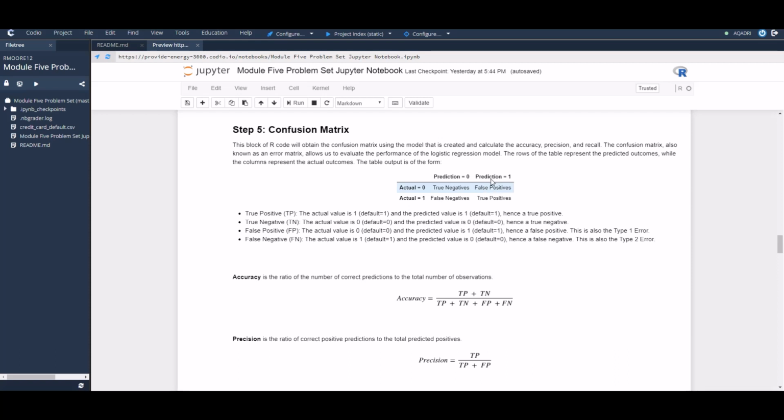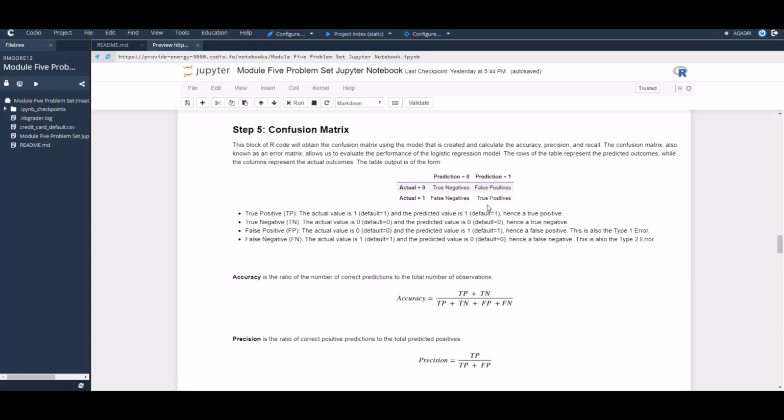It's positive because prediction says it's a 1, but it's false because the actual data points were 0. So this cell here will include counts of how many false positives we have. Similarly, we have false negatives. That's where the prediction says it's 0, but the actual labels are 1. So this cell will contain the number of false negatives. And then we have true positives. That's when the actual label is 1 and prediction is 1.